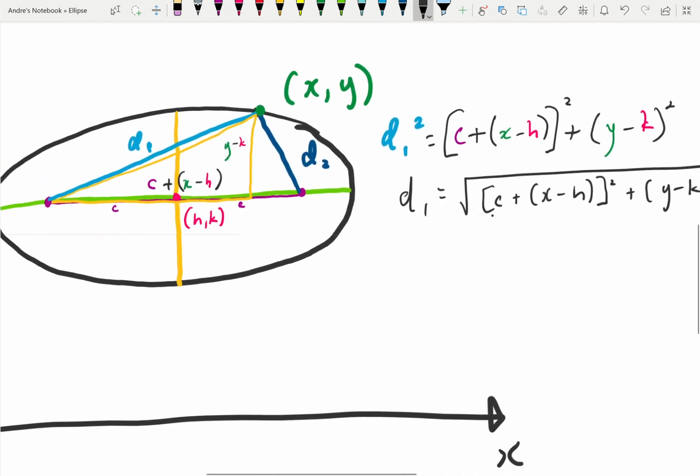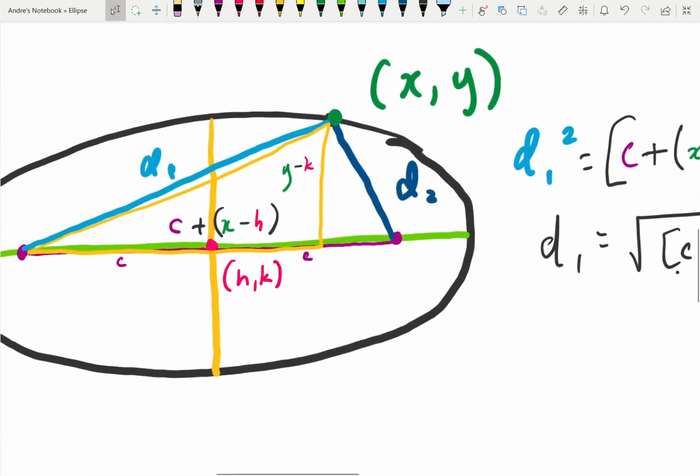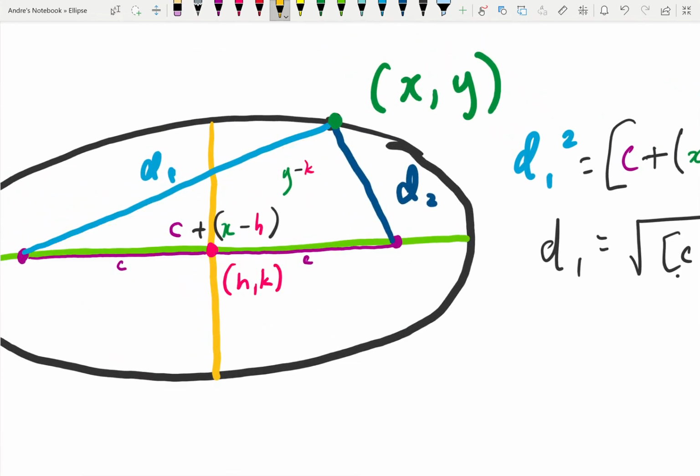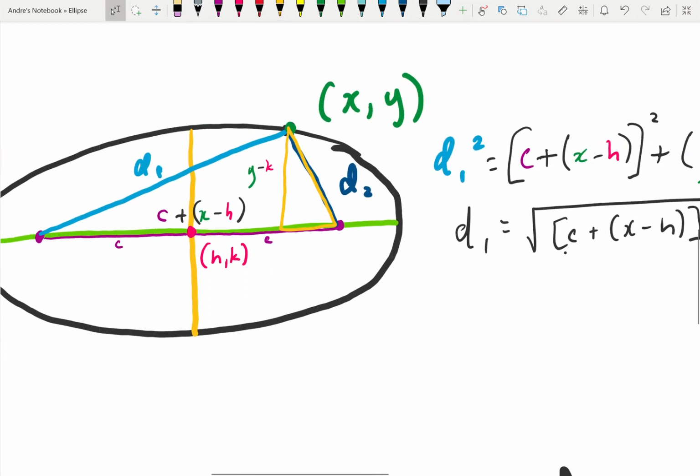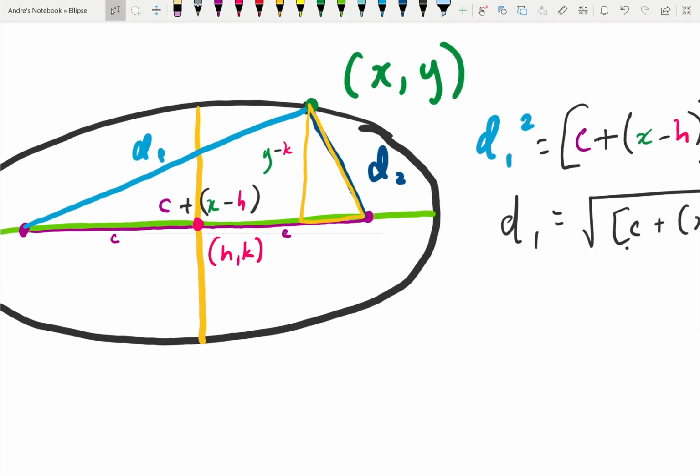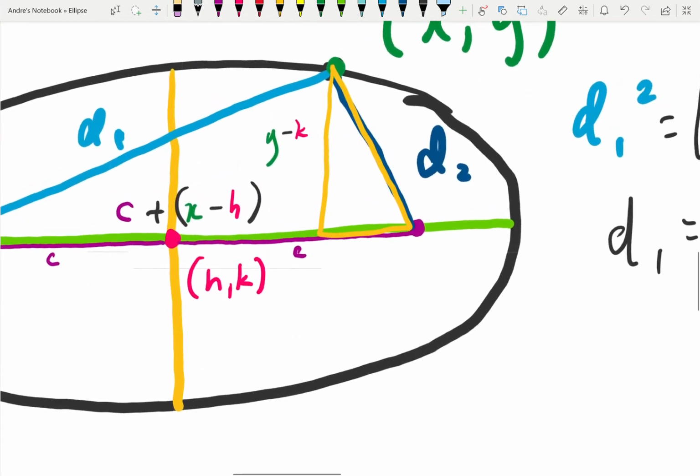And we could do the same type of thing for the right angle triangle on the right hand side. If you consider the length of the sides of this right angle triangle here, you could apply Pythagoras' theorem. We already have the length of the vertical side, which clearly is also y minus k. The length of the horizontal side will just be the difference between the whole length c and this piece on the left hand side, but we've already found the length of that piece, which is x minus h.